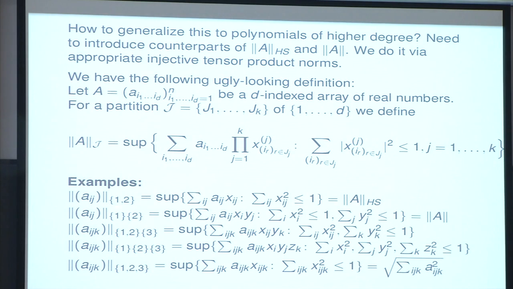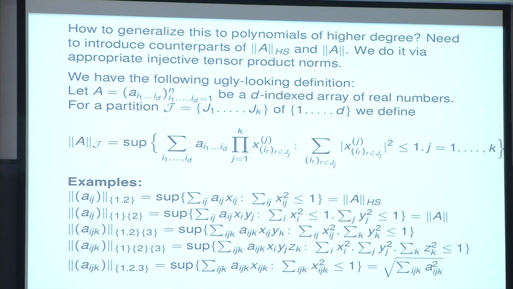If I have a partition into 1-element sets, so I have 2 elements in the partition, I'm going to have 2 test vectors, xi and yj. And you see, the first vector depends only on the first index. Let's say that the order of indices is ij, right? The second vector depends only on the second index. And all of them should have this second norm 1.